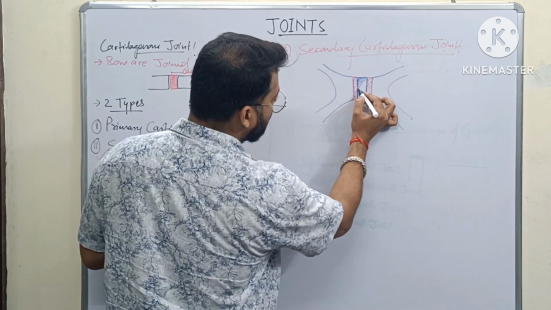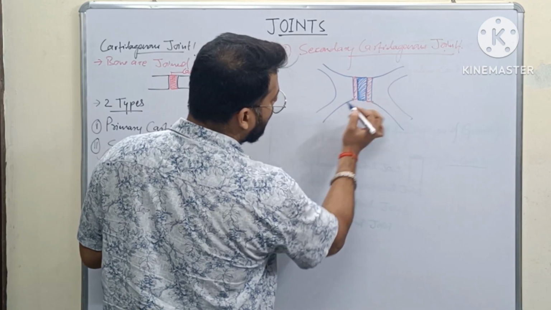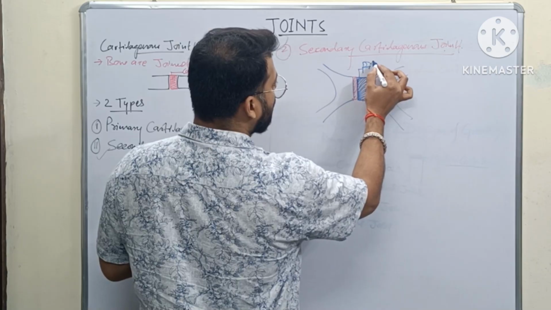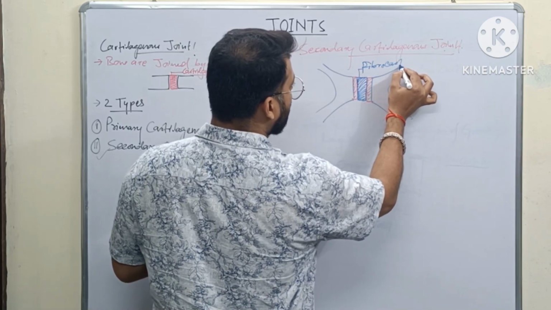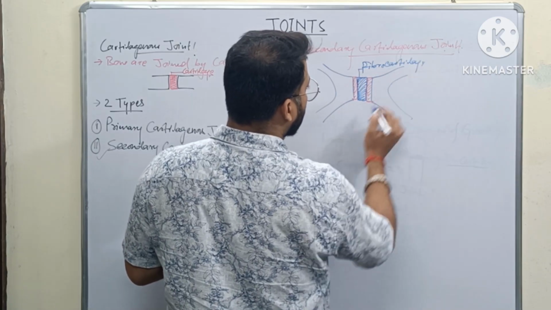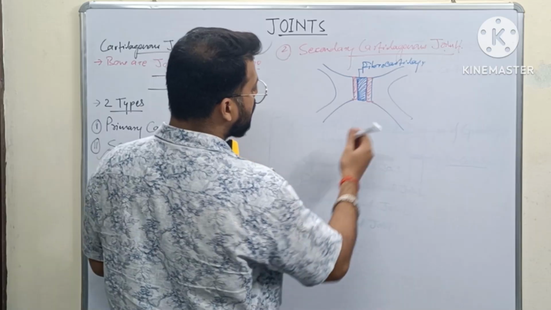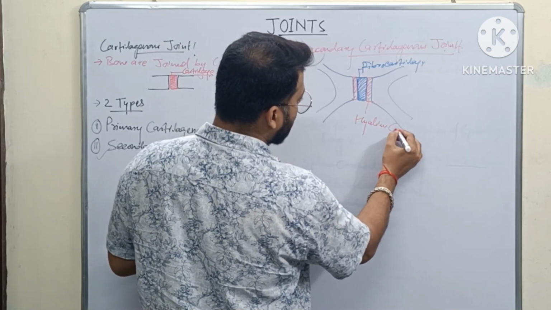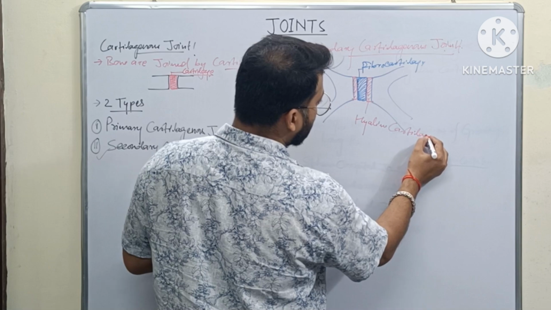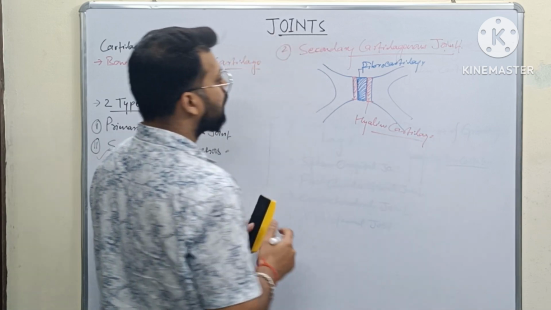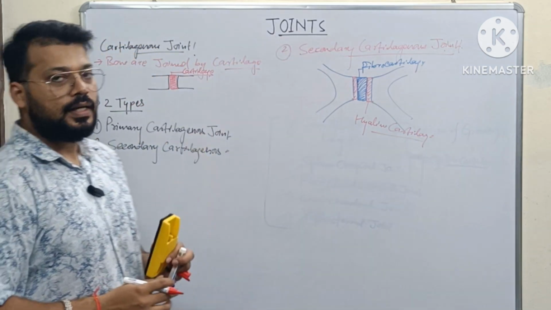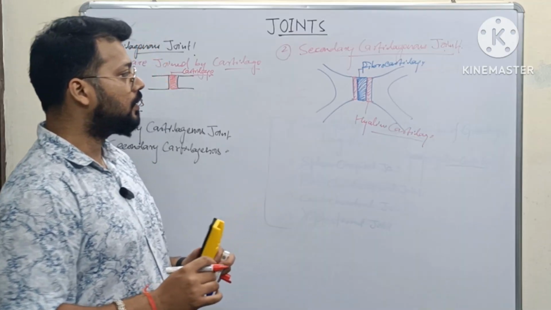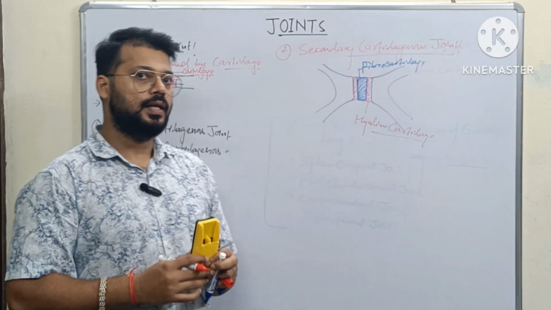This is the fibrocartilage, and this is hyaline cartilage. Okay. The secondary cartilaginous joint is permanent in nature and present throughout life.